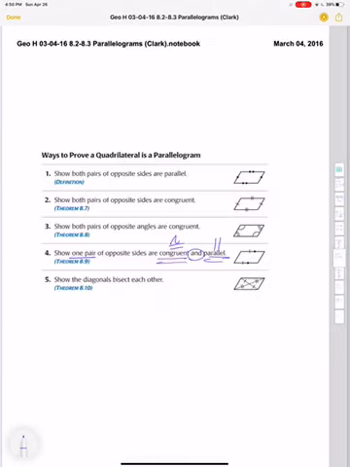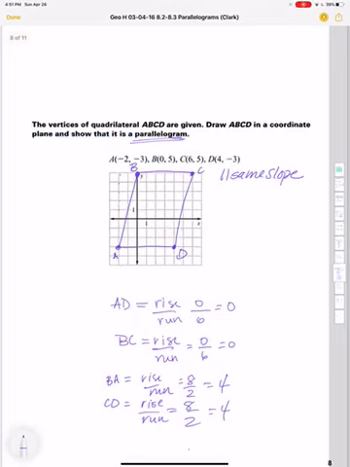Could we show that the opposite sides are congruent? Yeah, we could do that with the distance formula. So remember, the distance formula is the square root of x1 minus x2 squared plus y1 minus y2 squared. So we could also do it with the distance formula.